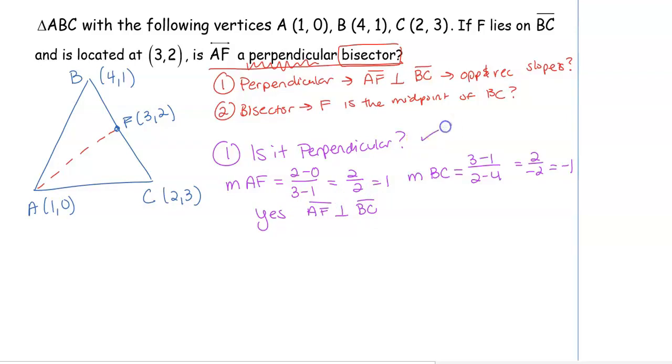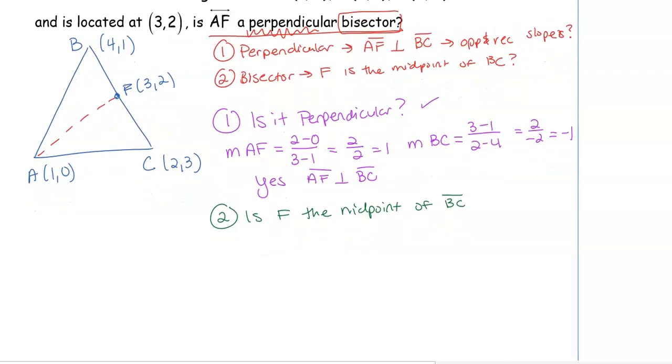So we've fit the first criterion. The next thing that we have to check, though, is whether F is the midpoint of BC. So we have F at (3, 2). We want to find out, is (3, 2) the midpoint of BC? So if I go to do the midpoint of BC, remember we average the x's, so 4 plus 2.